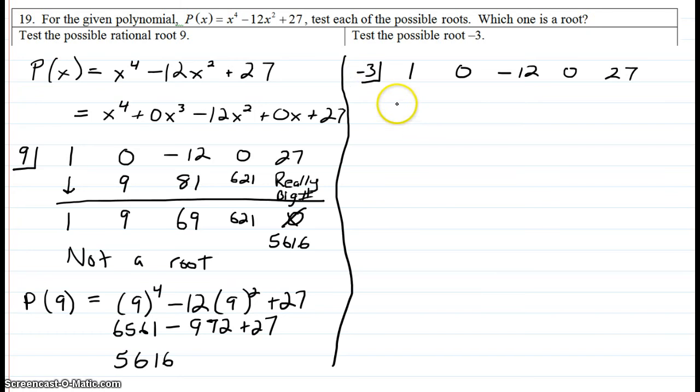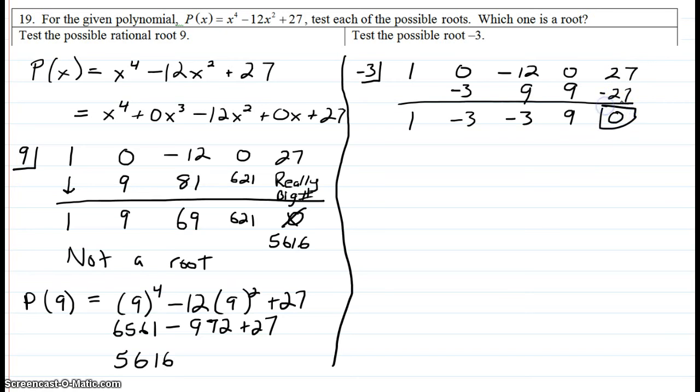And take that -3, bring the 1 down, so 1 times -3 is -3. -3 times -3 is positive 9, which gives us another -3. -3 times -3 is 9, and now you can see that 9 times -3 gives us -27, and so we get 0, which is what we want. So that means that -3 is a root.